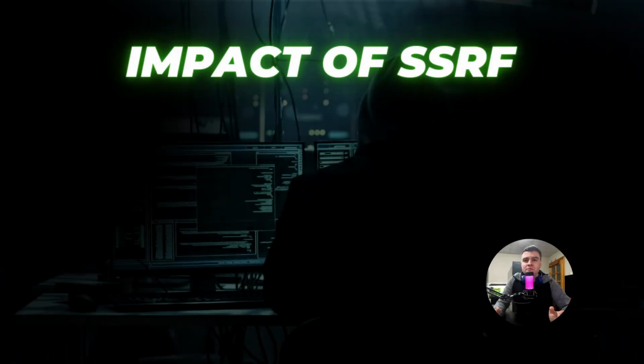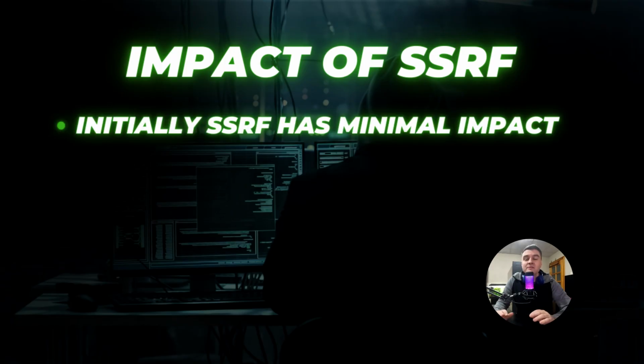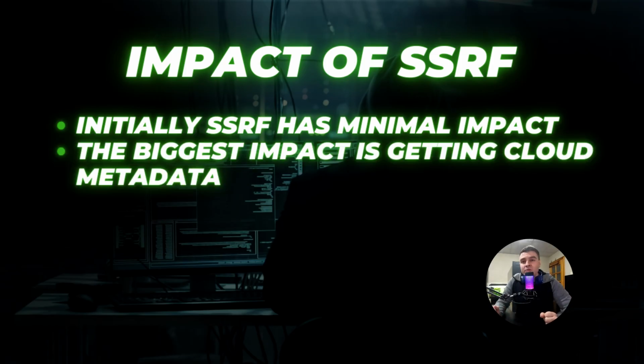By itself, if you just detect that a request is being made from server to server, until you exploit it, it's not really a big issue. Sometimes it's even intentional, and it could be seen as informational. Your end goal is to reach some internal servers or even cloud metadata endpoints, which is really impactful.